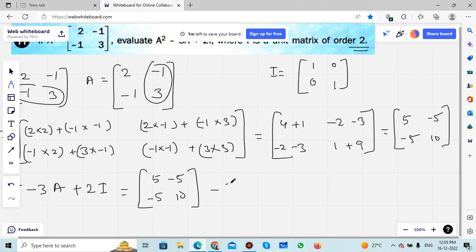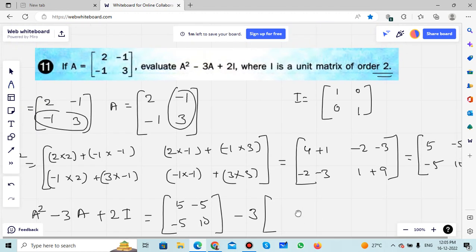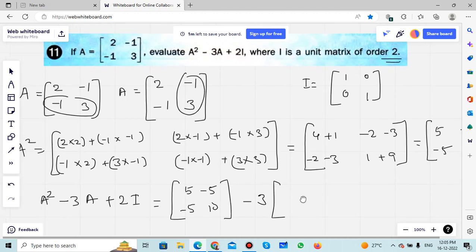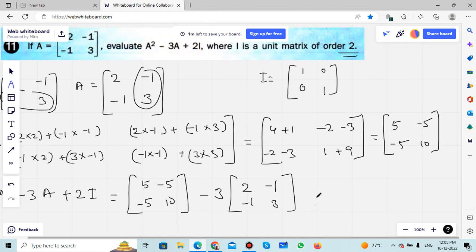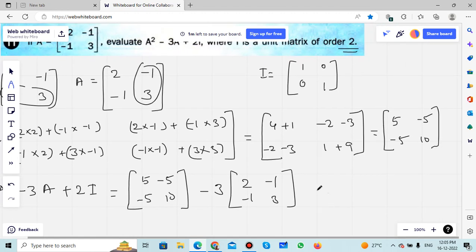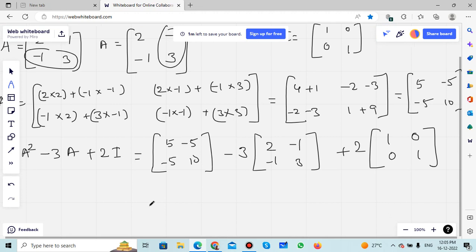So minus 3 into A. So what is A in it? Same thing. I'll put it here, which is 2 minus 1 minus 1 3. And then we have to find 2I. So plus 2I is what? 1 0 0 1. So let's solve it now.